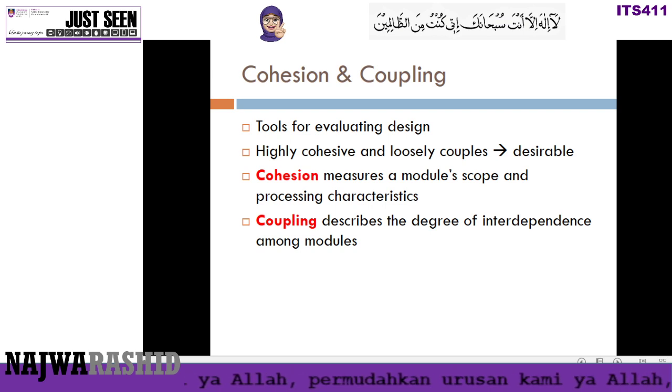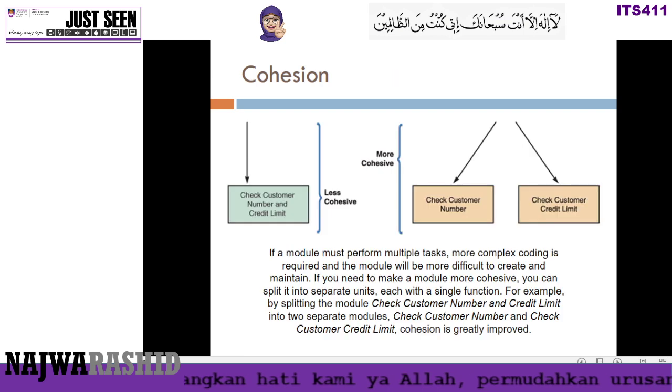Next we have cohesion and coupling. These are the tools that we use for evaluating your design. Highly cohesive and loosely coupled is desirable. Cohesion measures the module scope and processing characteristics. Coupling describes the degree of interdependence between the modules that we have created.